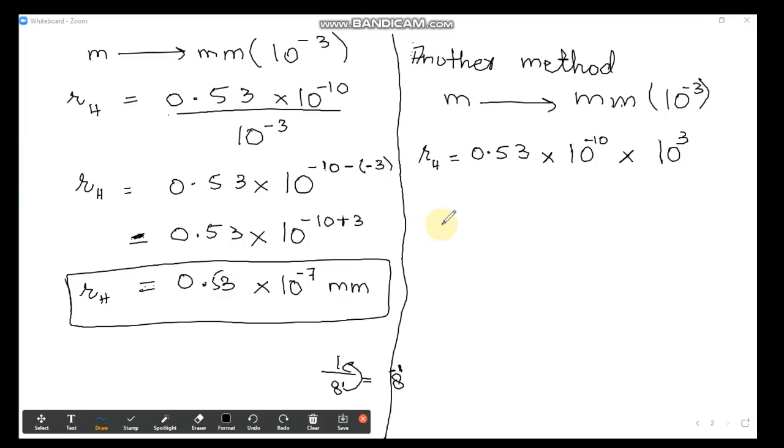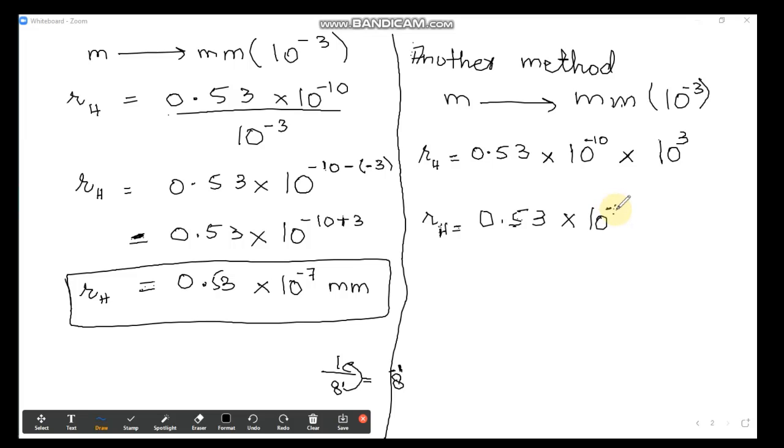So radius of hydrogen atom is equal to 0.53 exponent minus 10.